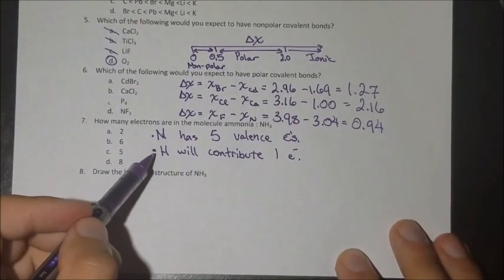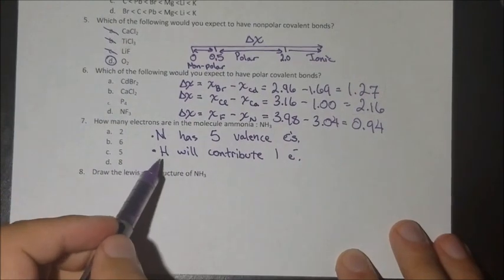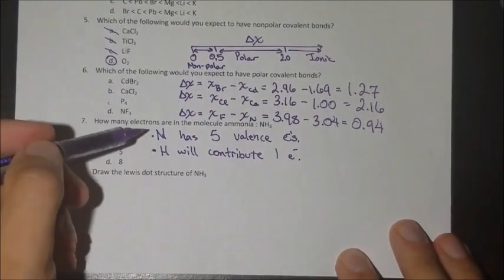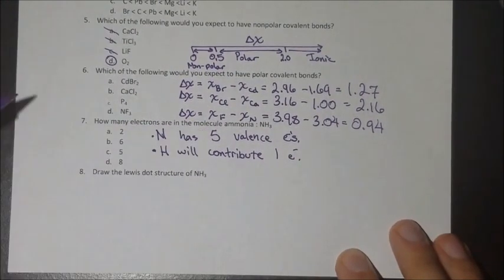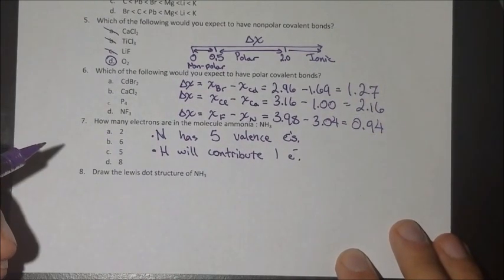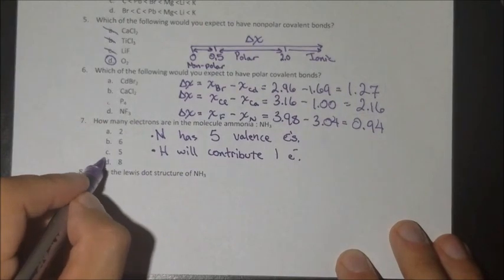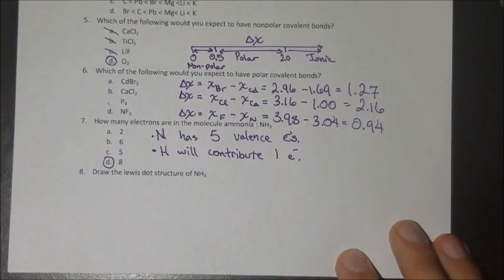So if we have 3 hydrogens, that means that we'll have a total of 3 electrons from the hydrogens, and 5 valence electrons from the nitrogen, which means that the total number of electrons we have is going to be 8. So the correct answer for number 7 is D.